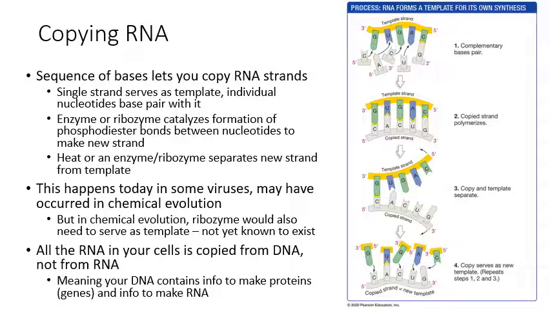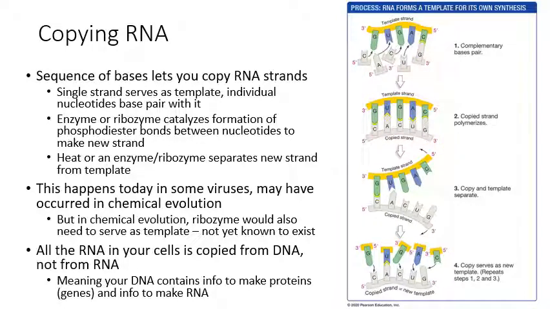But in chemical evolution, if we have a ribozyme arise that's going to copy itself, that's of course a ribozyme, not an enzyme, it would need to be able to catalyze these phosphodiester bonds between nucleotides. At the same time, that ribozyme would need to be serving as the template strand, and it would also need to be catalyzing phosphodiester bonds between these new nucleotides to make a new strand.